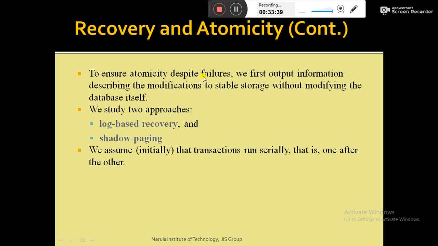Now, to ensure the atomicity property despite failure, we first output the information describing the modifications to stable storage without modifying the database itself. Just go back to the previous slide.